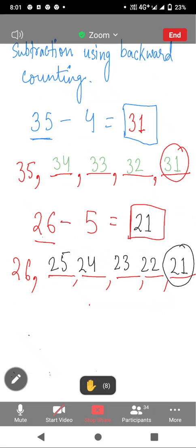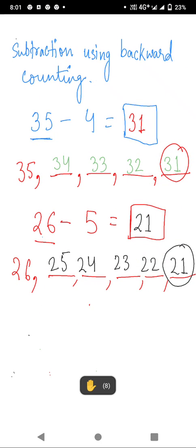Very good. So the answer in subtraction is called difference. Okay, and answer in addition is called sum. So remember this thing. So this is how you have to do subtraction using backward counting.